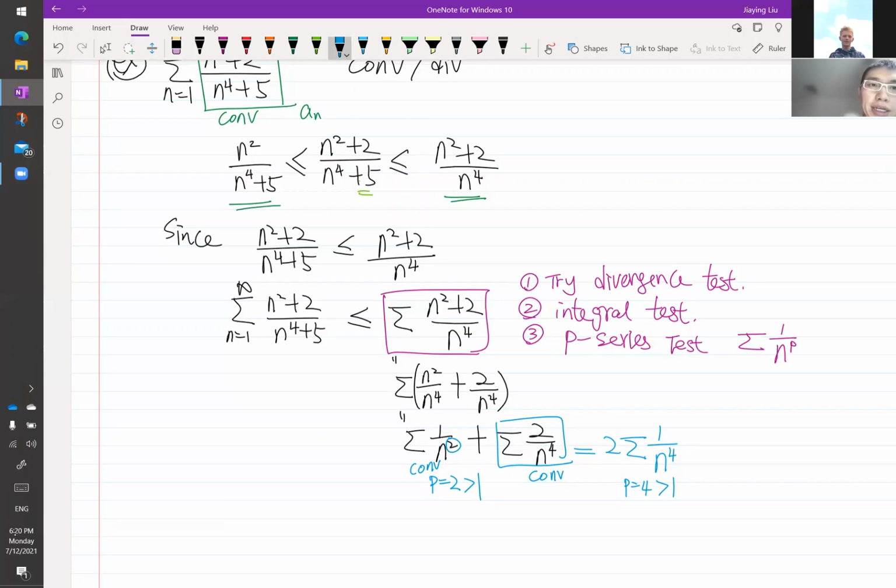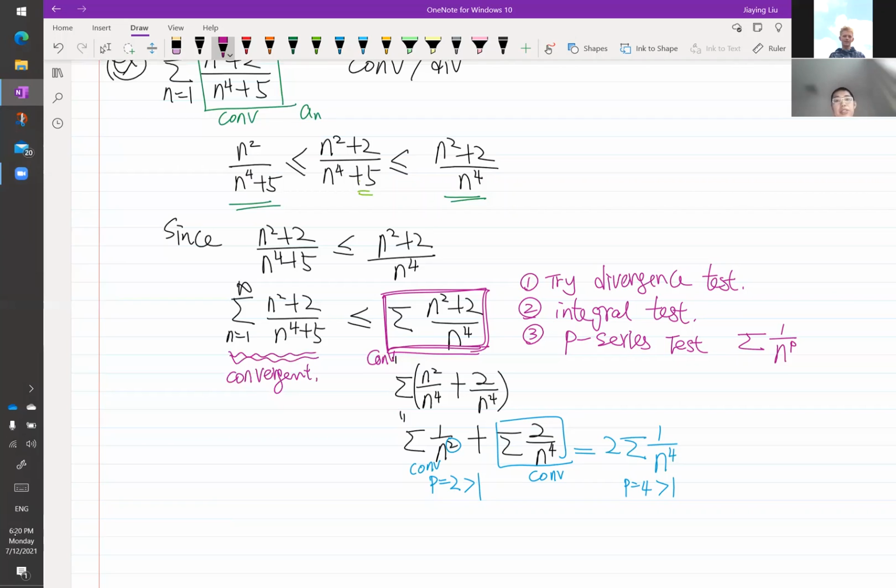So going back, this series on the right is convergent, right? That tells us that the big sum, the big series, is convergent. Therefore, the one that's smaller than that series has to be convergent as well. So the one that we are interested in, this one on the left, is also convergent.